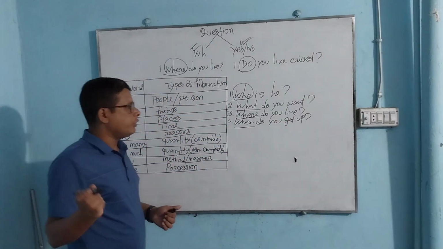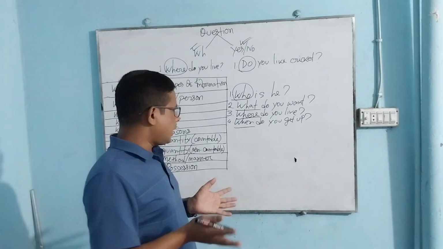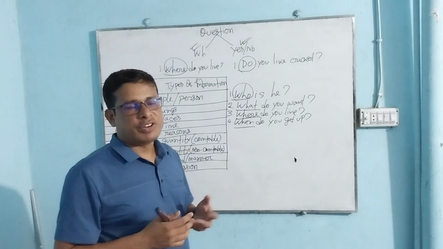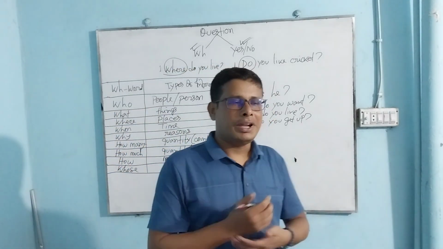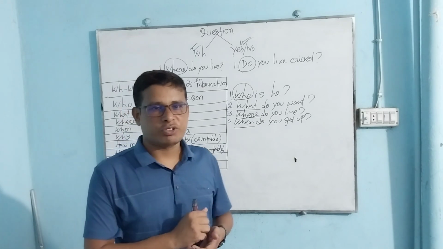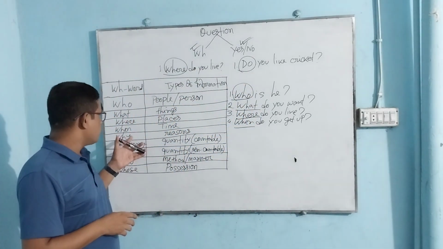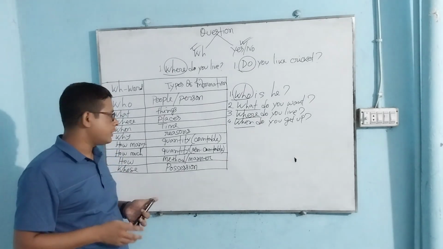If I ask you, when do you get up? You have to answer, I get up at 5 a.m. or 6 a.m. or 7 a.m. and so on. But you have to give a specific time in response to these questions. So, we know normally when is used to know about time.